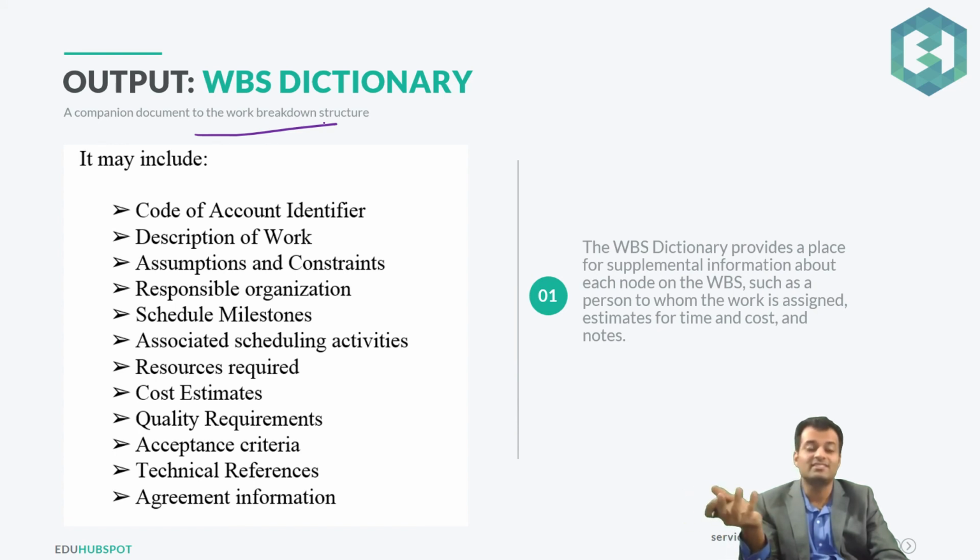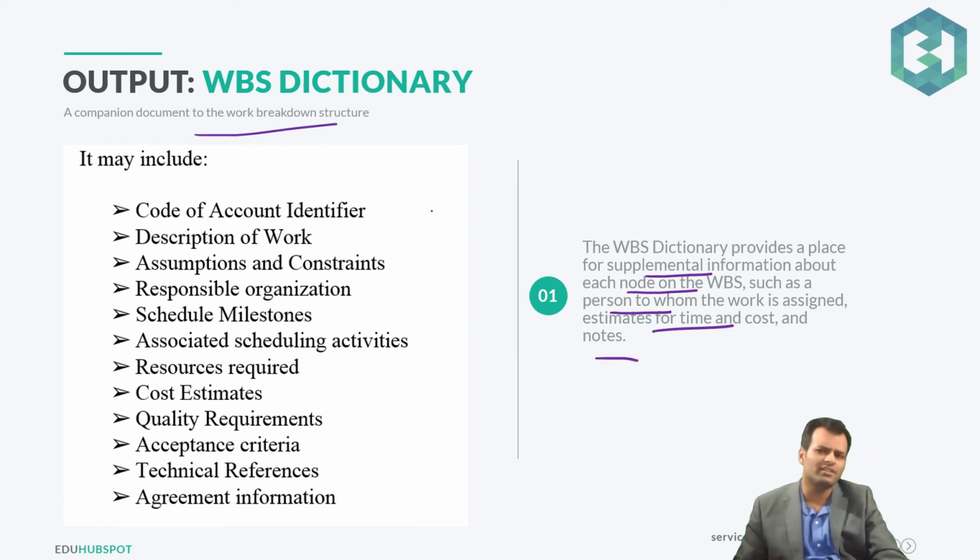As the name suggests, it's a dictionary. So whatever elements you have in the WBS, you are describing those things in detail. It provides a place for supplemental information about each node on the WBS, such as the person to whom the work is assigned, estimates for time and cost, and other details. Some of these are code of account identifier, description, assumption, constraint, responsible organization, and schedule milestones. All of those are part of your WBS Dictionary.